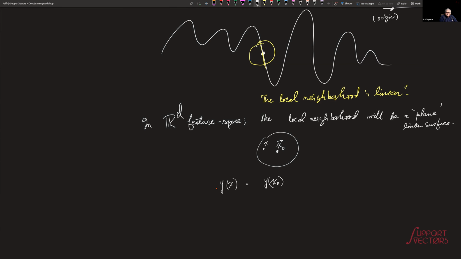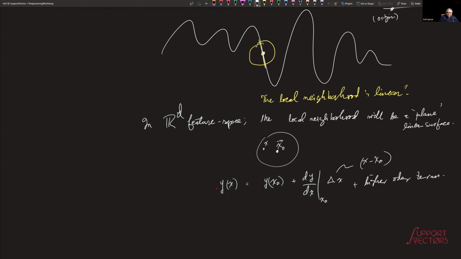If you remember your Taylor's expansion, in one dimension it would be dy/dx at x0 times delta x, being x minus x0. So this is the Taylor expansion plus higher order terms.